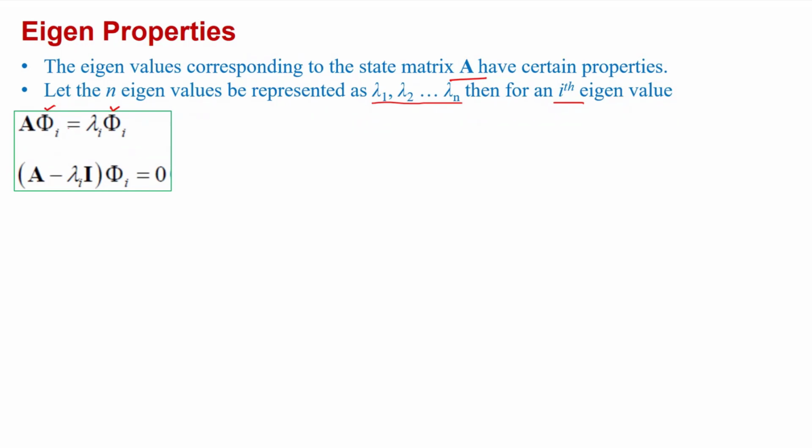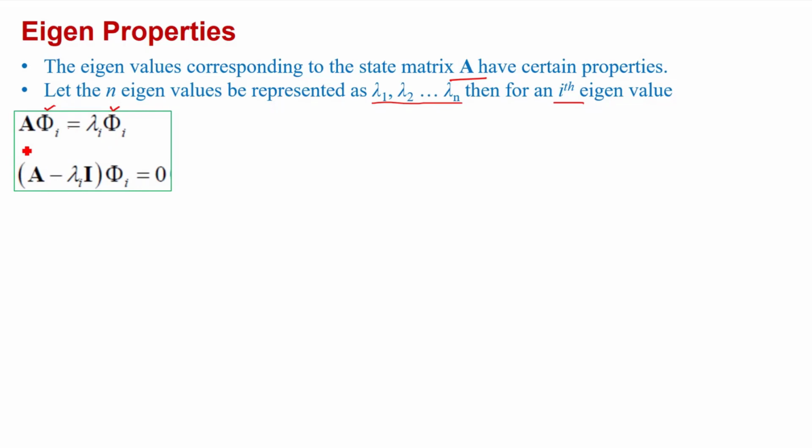A is your system matrix, or state matrix. A into phi i equals lambda i into phi i. That means the state matrix multiplied with the right eigenvector corresponding to the ith eigenvalue gives the eigenvalue times the same eigenvector.